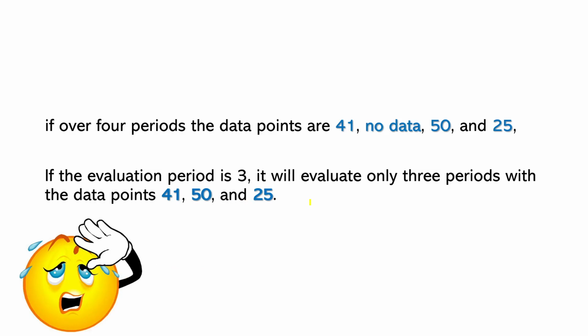They say if over 4 periods we've got, say, 41, no data, 50 and 25, you need 3 real data points because your EP is 3. So even though we'd normally just consider these 3, we're kind of going to scramble, go retrieve slightly more historical data and use that.